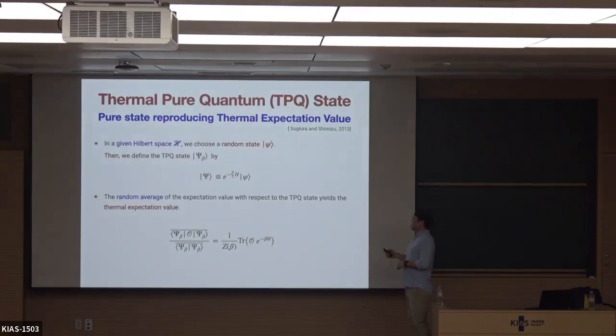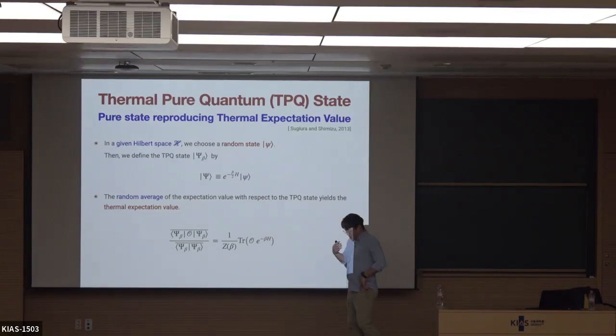First, we found a very nice paper from Japan, Sugiura and Shimizu, 2013. Their philosophy is very close to the thermofield double, but it's quite different. They first choose a random state. A random state is the same as random coefficients.